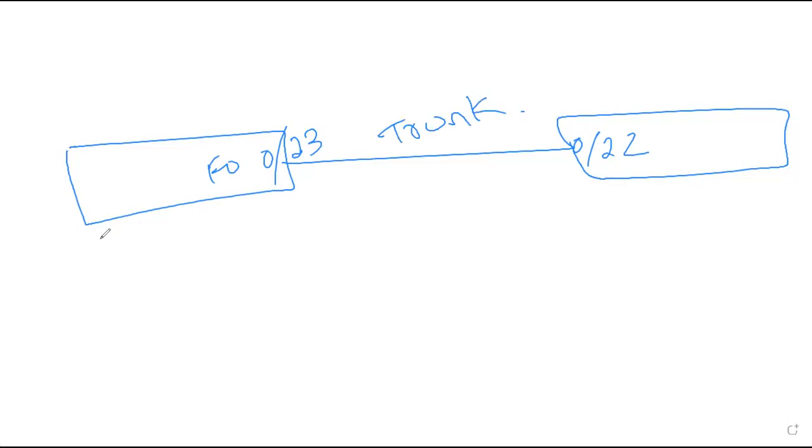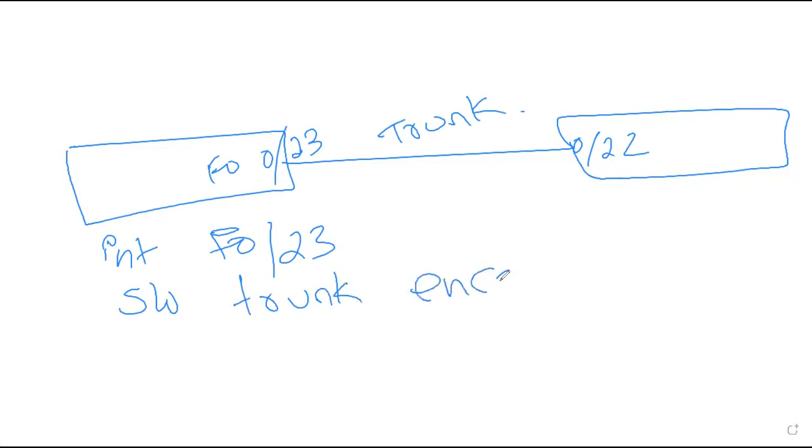The command would be interface F0/23, switchport trunk encapsulation. What encapsulation do you need? Generally, we configure .1q, which is an open standard. There is another one called ISL, which is Cisco's.